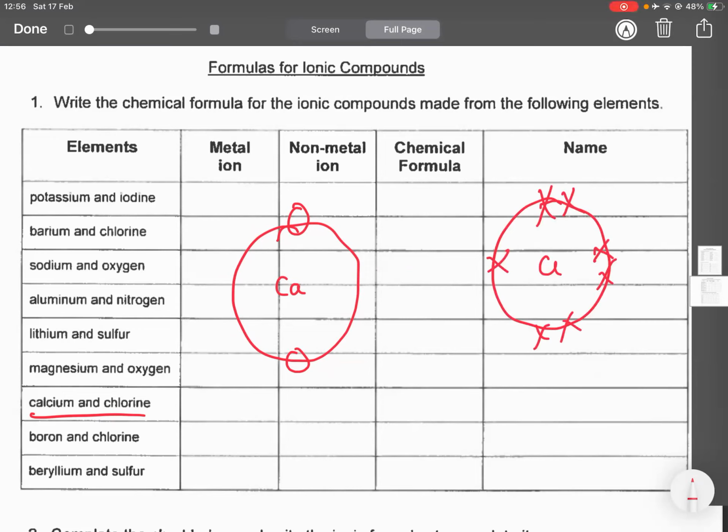Also, I know that calcium is Ca, and chloride is 1 minus. So you have to cross the numbers over. So we know it's CaCl2. So I have to do 2 chlorines. Yeah, you have to know that by yourself for the harder questions. Sometimes they might tell you.